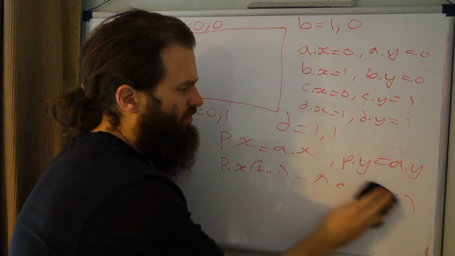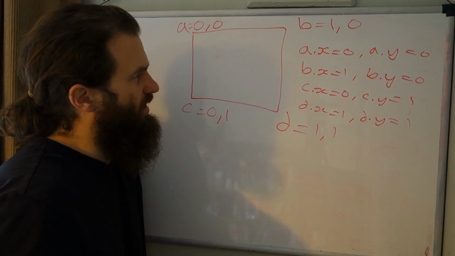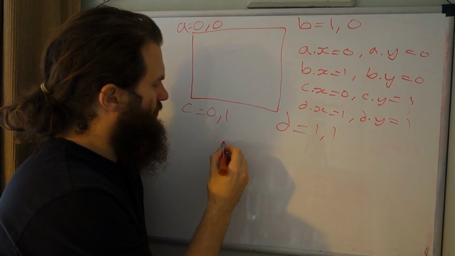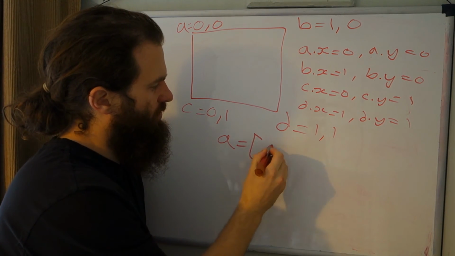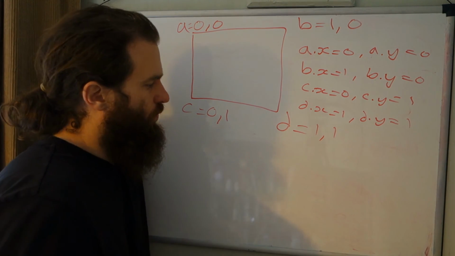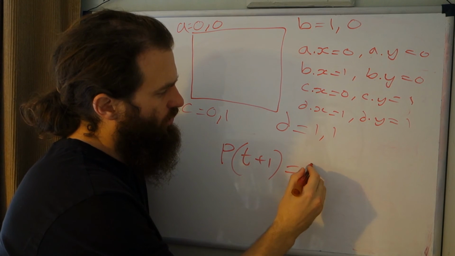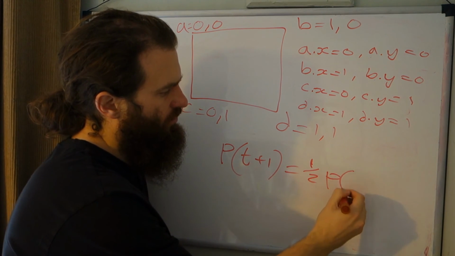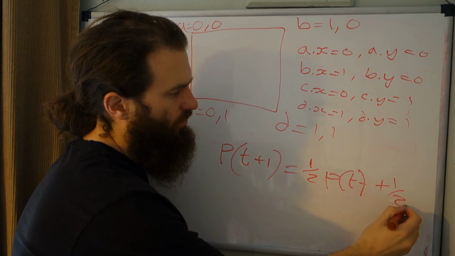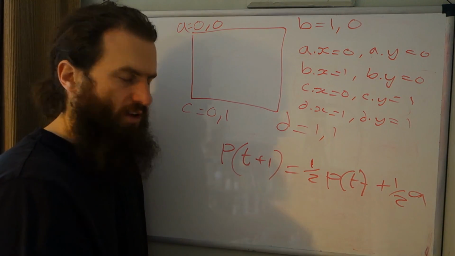You can write that more succinctly because of the way that vectors are added up. If we assume these are vectors, so that a equals 0, 0, and so on, then we can say that p at time t plus 1 equals a half p at time t plus a half of whatever our vertex is, so a or b or c or d, whichever one we're moving to.